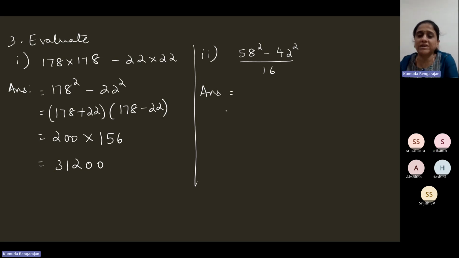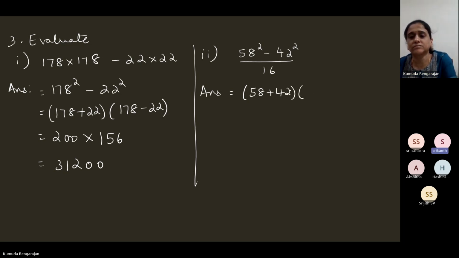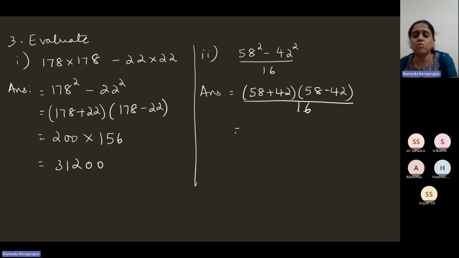Okay, so a squared minus b squared is a plus b into a minus b. So how will you write a plus b? Ma'am, 58 plus 42. Very good. Into a minus b. 58 minus 42, ma'am. Correct. Divided by 16. This is the first step. Now what is 58 plus 42?